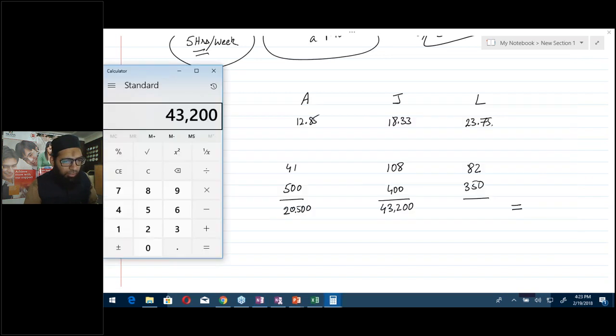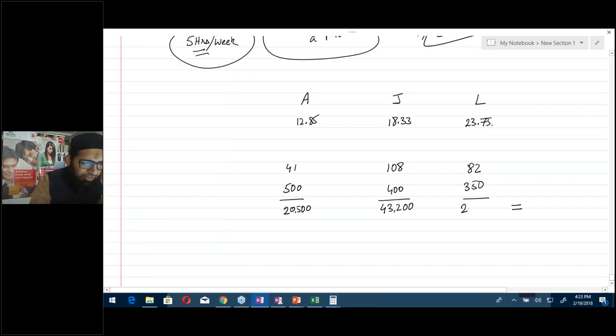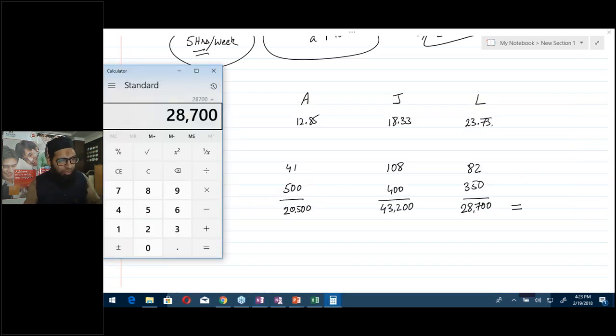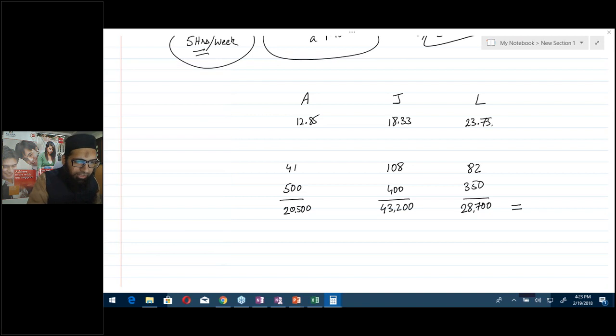And for L, it will be 82 into 350, it will be 28,700. And when I total it, 28,700 plus 43,200 plus 20,500, the total will be 92,400. But this is the total conversion cost based on 7,000 kg.